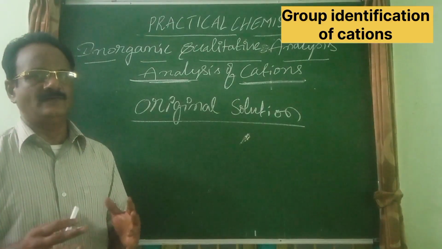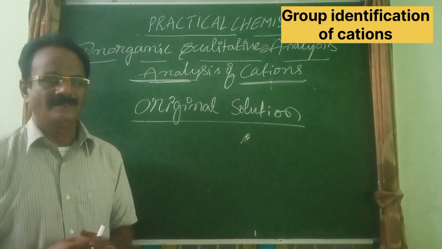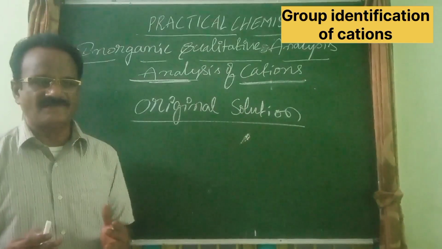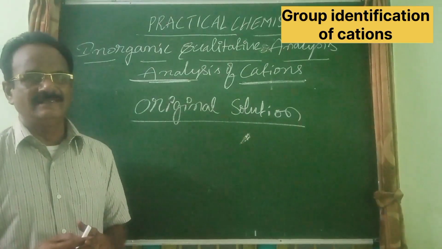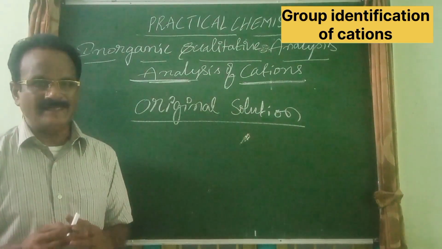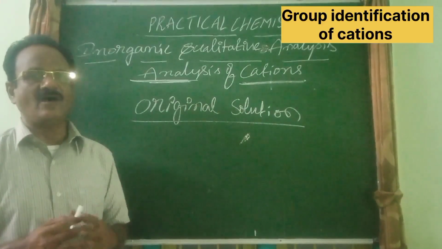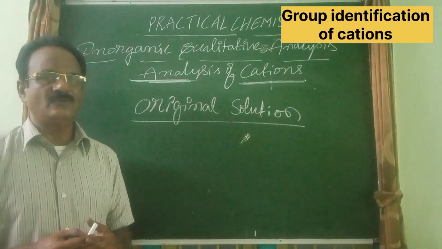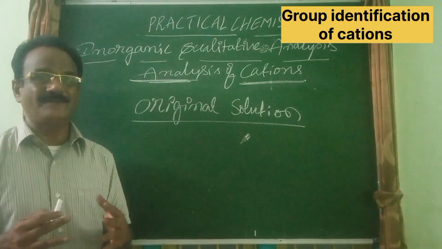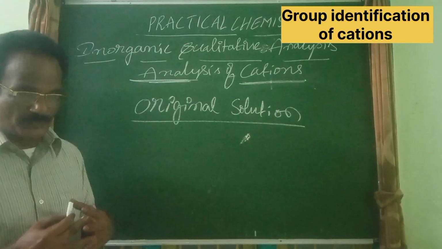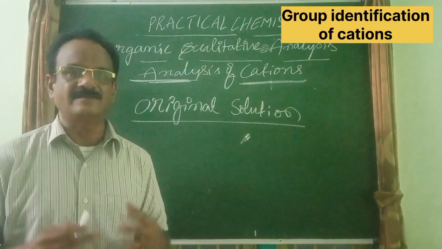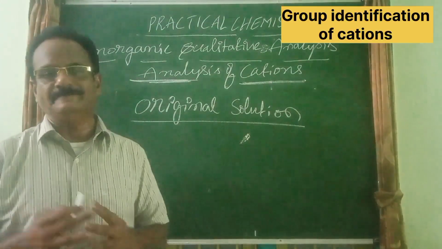Let us see original solution. Before going to identification as well as confirmation of cations, one has to prepare the original solution of the given salt. The original solution is to be prepared using a solvent in which the salt has solubility.